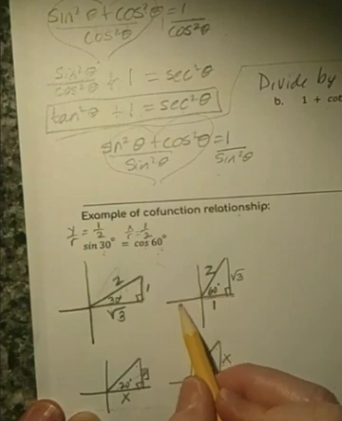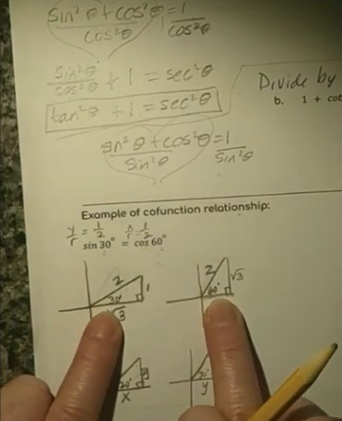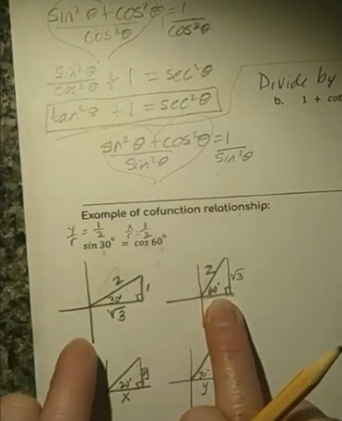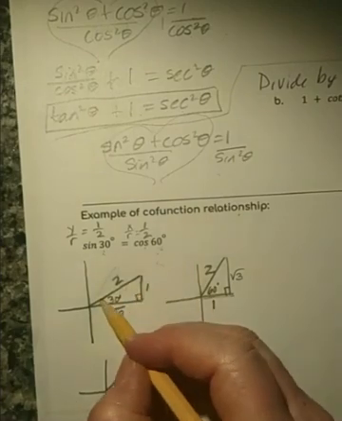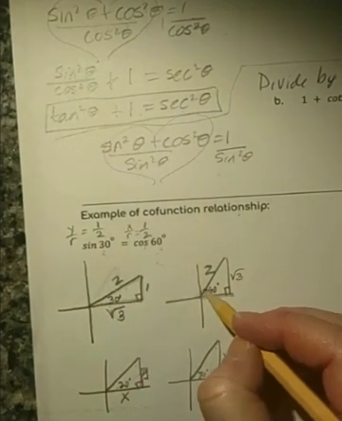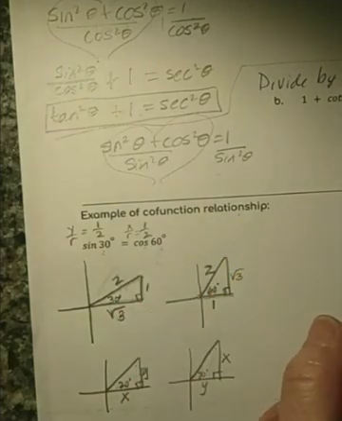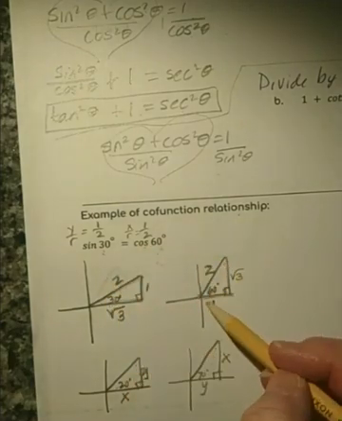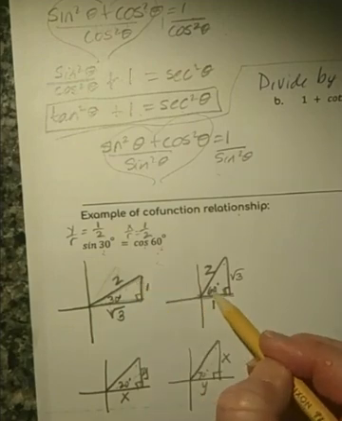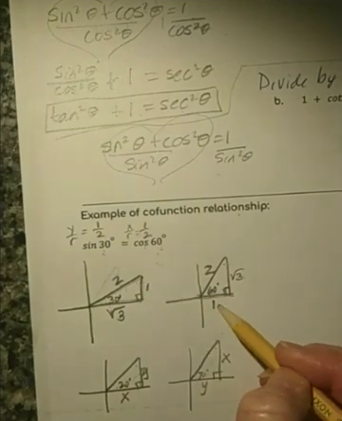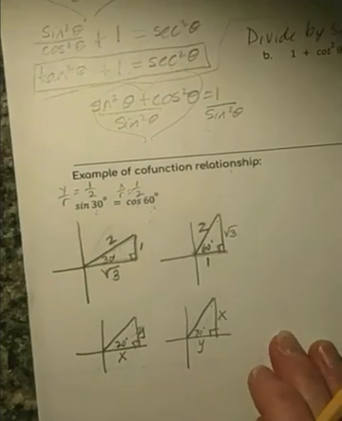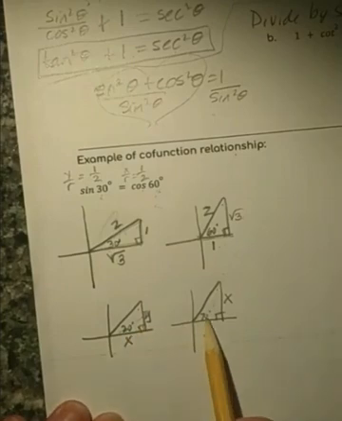Now, I used a 30, 60, 90 triangle to show you this, but that happens with any triangle. Remember that this triangle is the same as this triangle. It's just flipped around. That's all. This angle is here, and this angle 60 would be over here. So the y and x swap places. Same would happen if you had a 20-degree angle and a 70-degree angle.